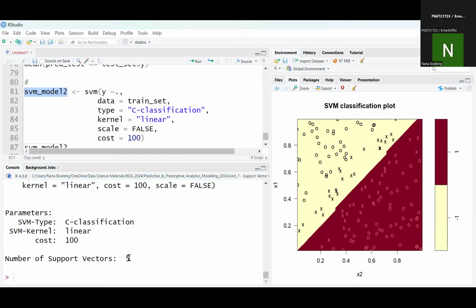Depending upon your data set, there could be instances where you increase the cost and it's not even having an effect on the accuracy of your model. Then there is no point increasing your cost.